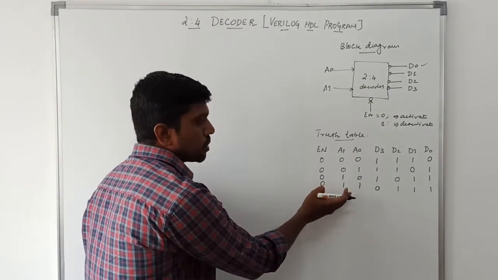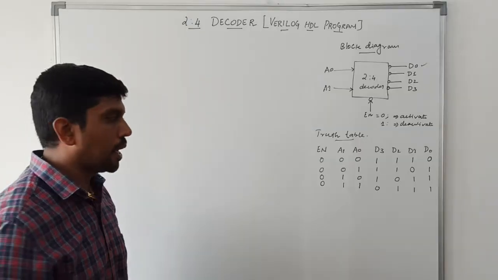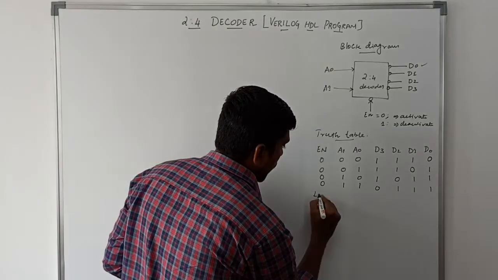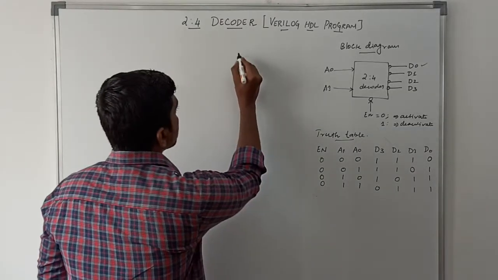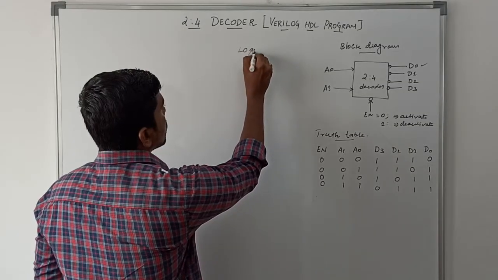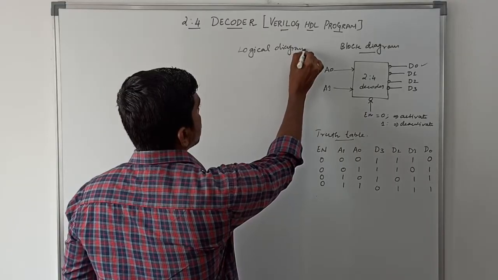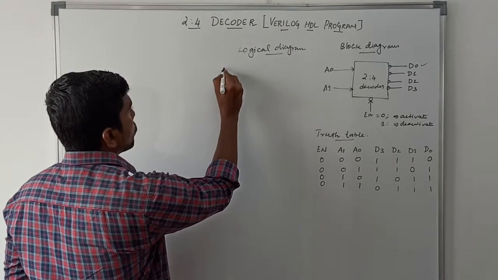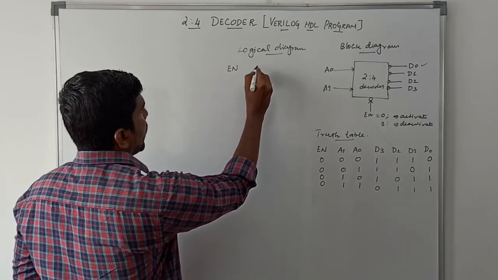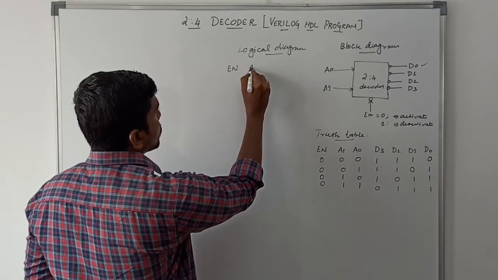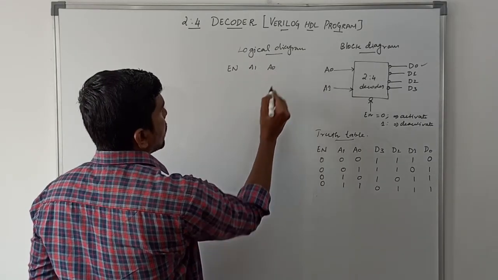After framing the truth table, now we go to draw the logical diagram. Logical diagram. First input is enable, next one A1, A0.